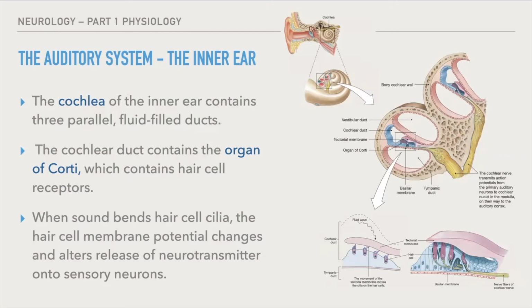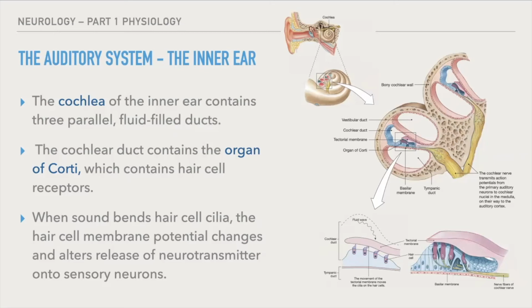The sound waves cause the vibration of the organ of Corti. Because the basilar membrane is more elastic than the tectorial membrane, the vibrations of the basilar membrane cause the hair cells to bend by a shearing force as they push against the tectorial membrane. This leads to the bending of the cilia, which causes changes in the potassium conductance of the hair cell membrane.